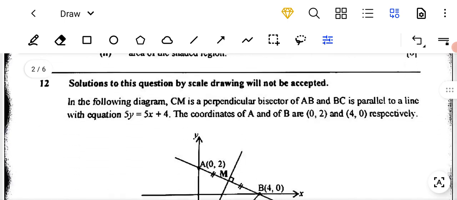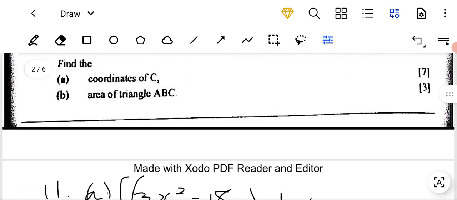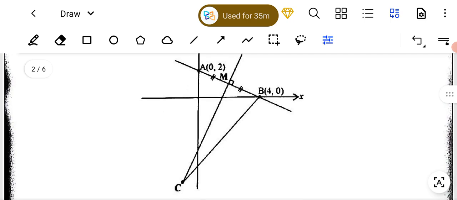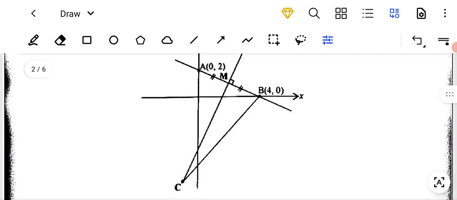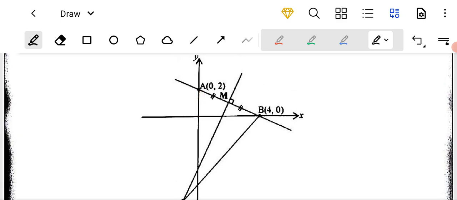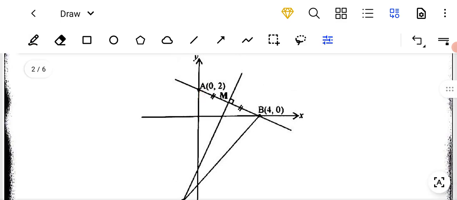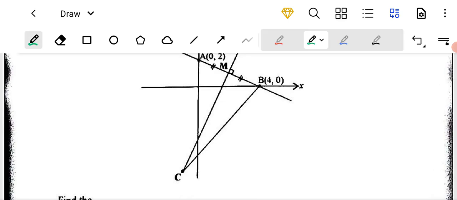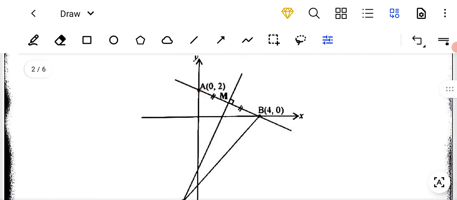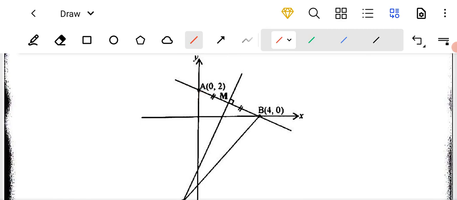We are done. Question B reads, find the area of the triangle ABC. So you can't see the line joining A and C. We can just join it ourselves. We can just draw your own dotted line so that you don't get confused, or we can try to draw a straight line.